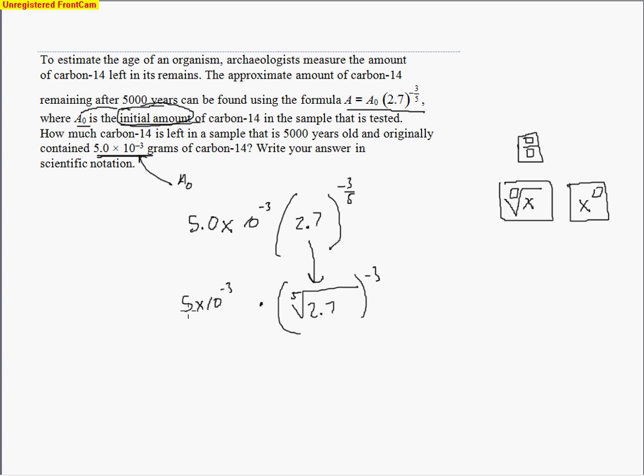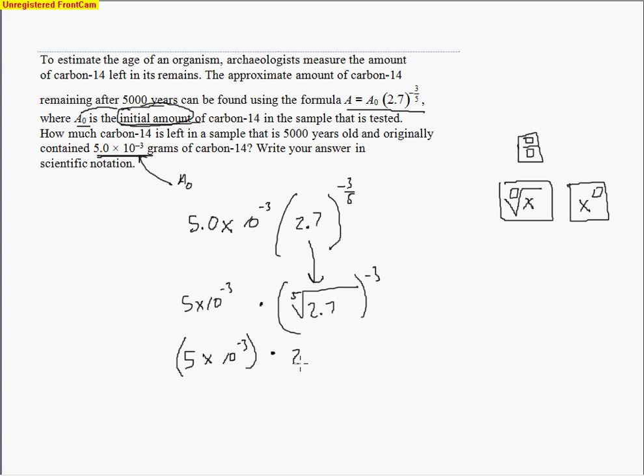Now, the calculator I ended up using had a function with this fraction button. So all I did is I entered 5 times 10 to the negative third, and I put that in parentheses. My calculator had parentheses that I was able to enter, and it wasn't necessary because everything's being multiplied, but sometimes I like to do it just to ensure that things are done correctly.